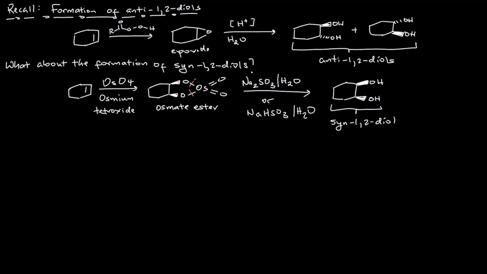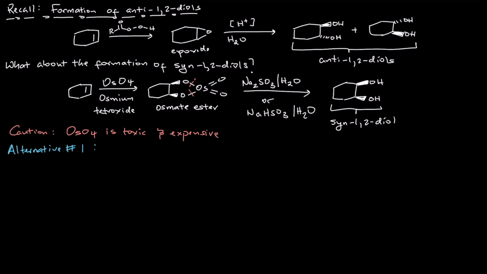Okay, so once again, you start with your osmium tetroxide and then you react with your sodium sulfite or your sodium bisulfite in water. So a word of caution about this particular reaction, osmium tetroxide is toxic and expensive.